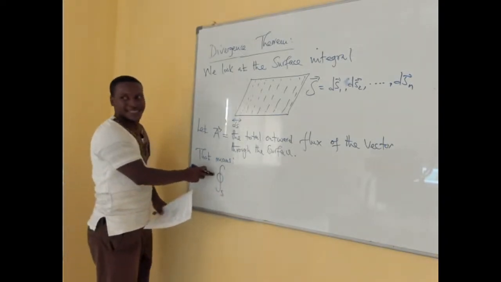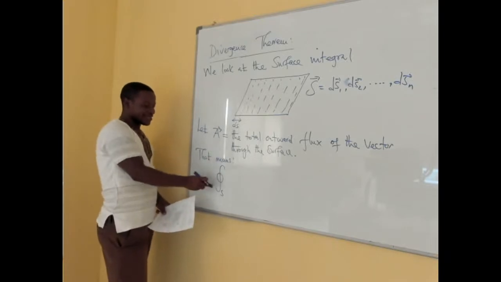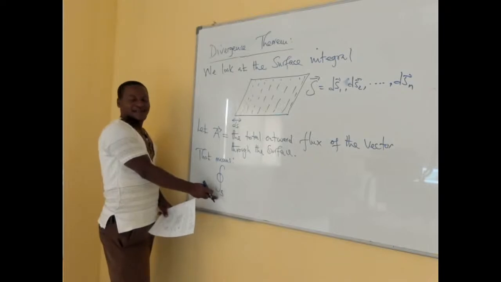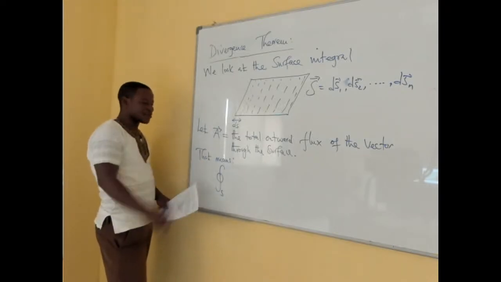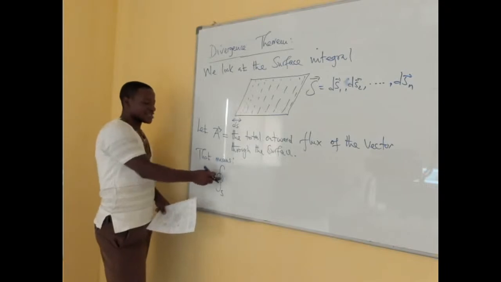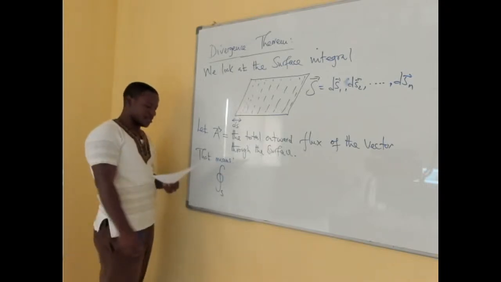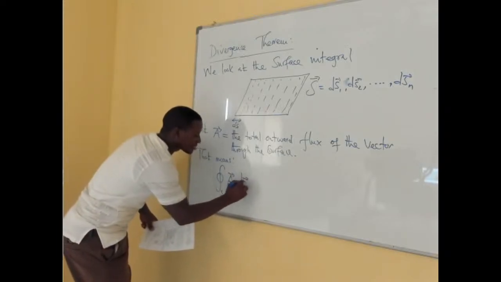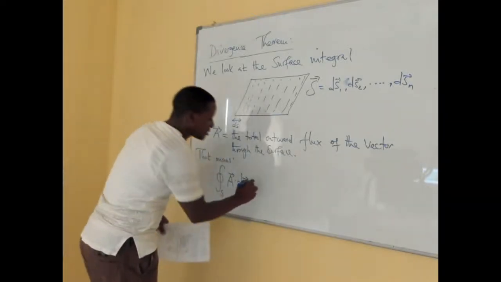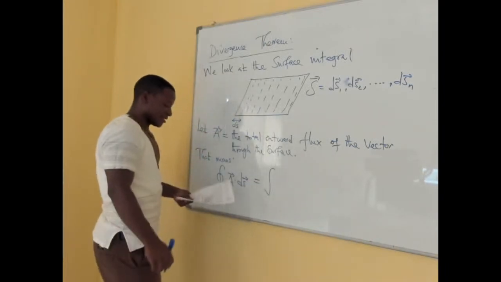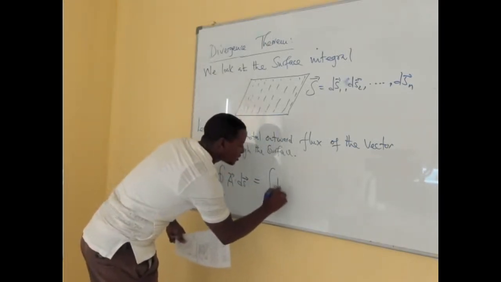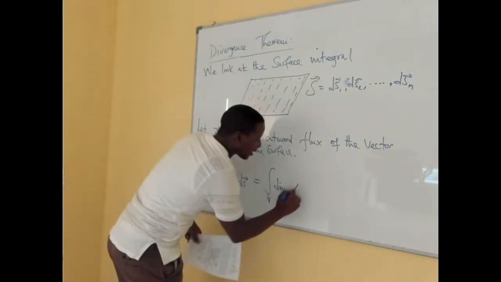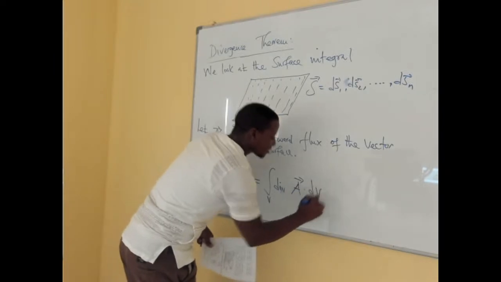Remember, when you see the symbol, the integration with a circle on it and an S down there, it means that this is the surface integral we're talking about. The line integral does not have this circle in the middle. So this is A dot ds, and this gives us, as we are integrating the volume, the divergence of A, dv.